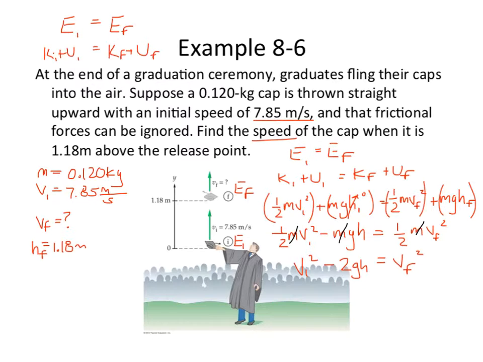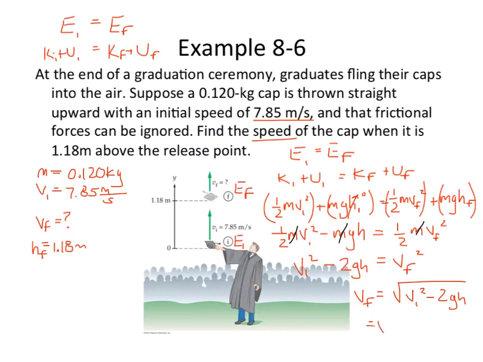Again, this 2gh comes from the fact that since we multiplied this by 2 to cancel out the half, and this by 2 to cancel out the half, we had to multiply this by 2 as well, so that's where the 2 comes from. So finally, we're going to say our v final is going to be the square root of v initial squared minus 2gh.